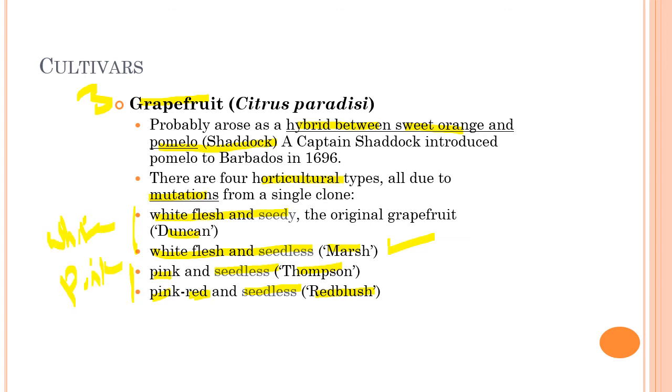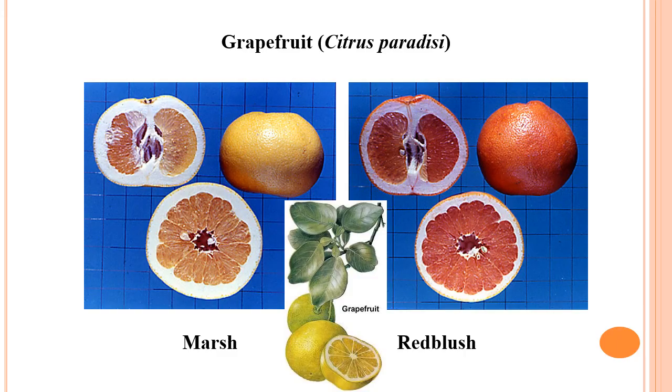Most of the grapefruit you see in the market in Oman is usually Thompson, and it's usually pink, not too red. This is the red blush, with or without seeds, but it has red skin, and this is the Marsh, the yellow one or the white one. It's not really white, it's kind of yellow.